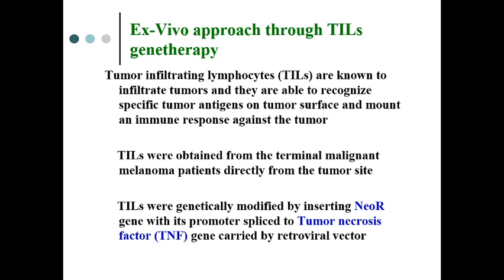Now, to make the tumors regress, one can make tumor necrosis factor express in an area where the person is developing the tumor. So tumor infiltrating lymphocytes are genetically modified with a gene for tumor necrosis factor, which is clubbed with a neo-R promoter. Neo-R promoter is obtained from the retrovirus.